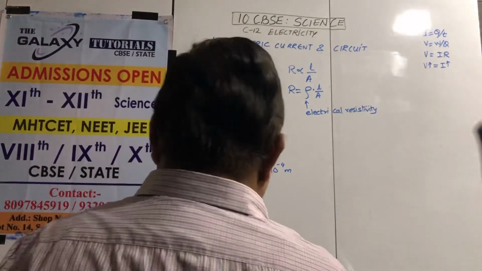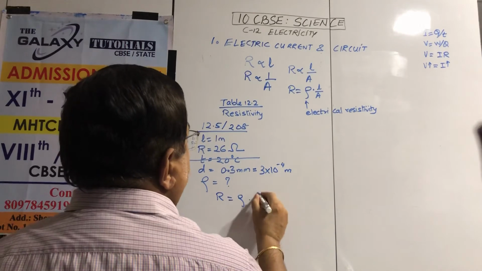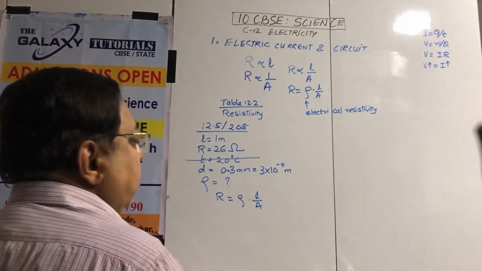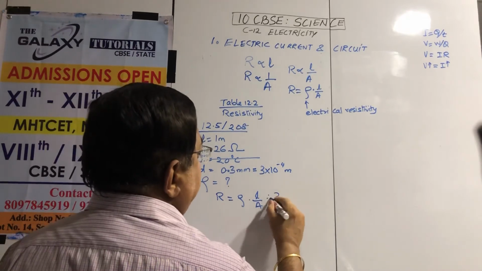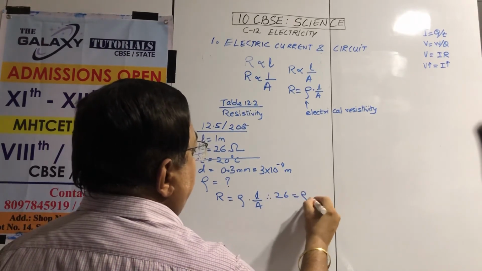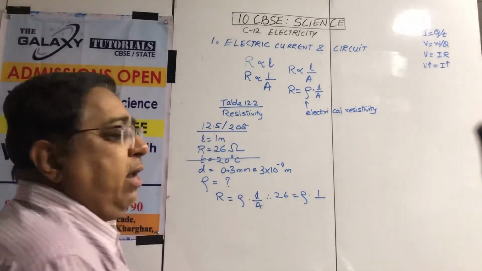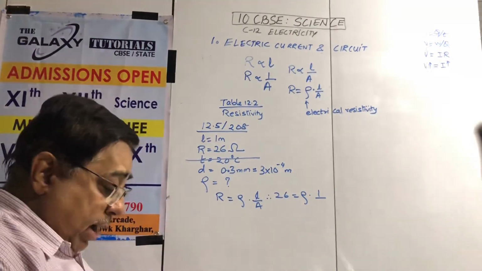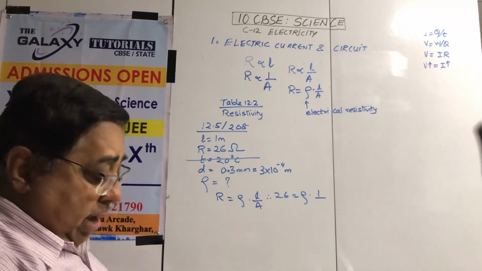Now we have in our formula, R is rho L upon A. 26 is equal to rho into L, which is 1, and I have the diameter, so I am supposed to find the area.